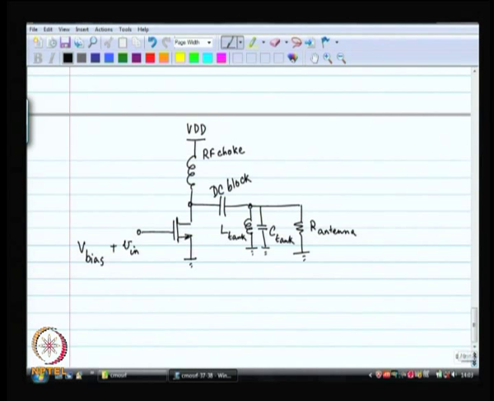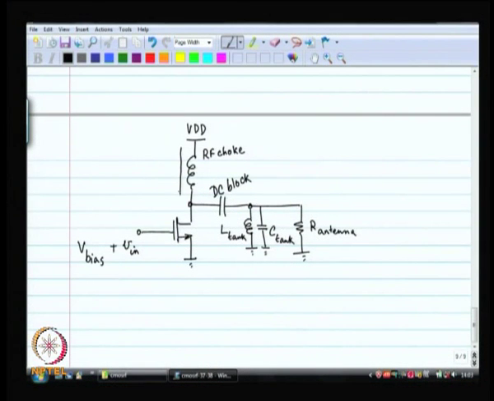Now, what you have to understand is that this RF choke allows a current at DC. It does not allow current at any other frequency. It is a short circuit for DC, open circuit for AC.